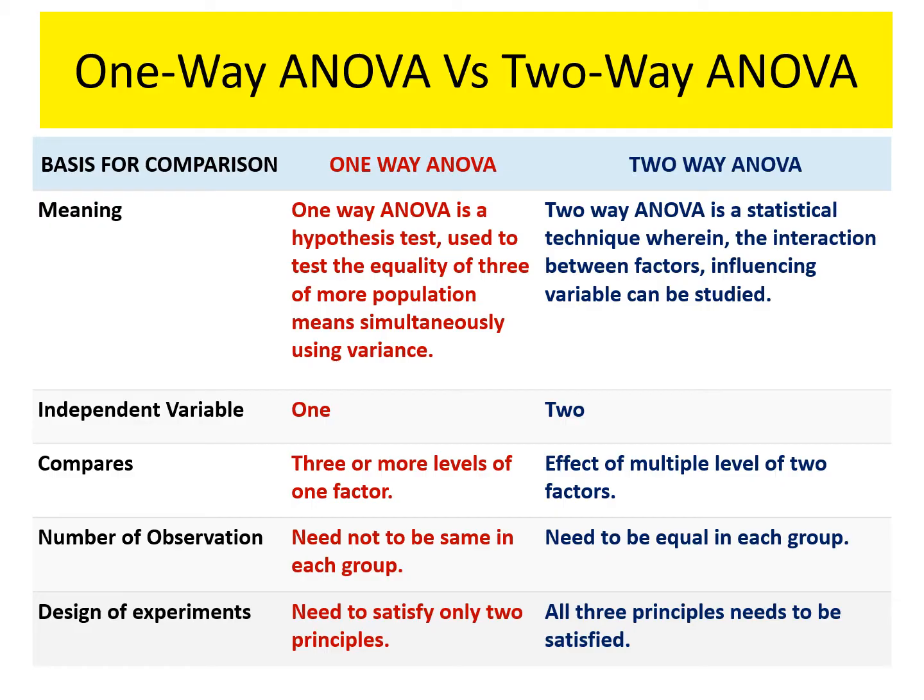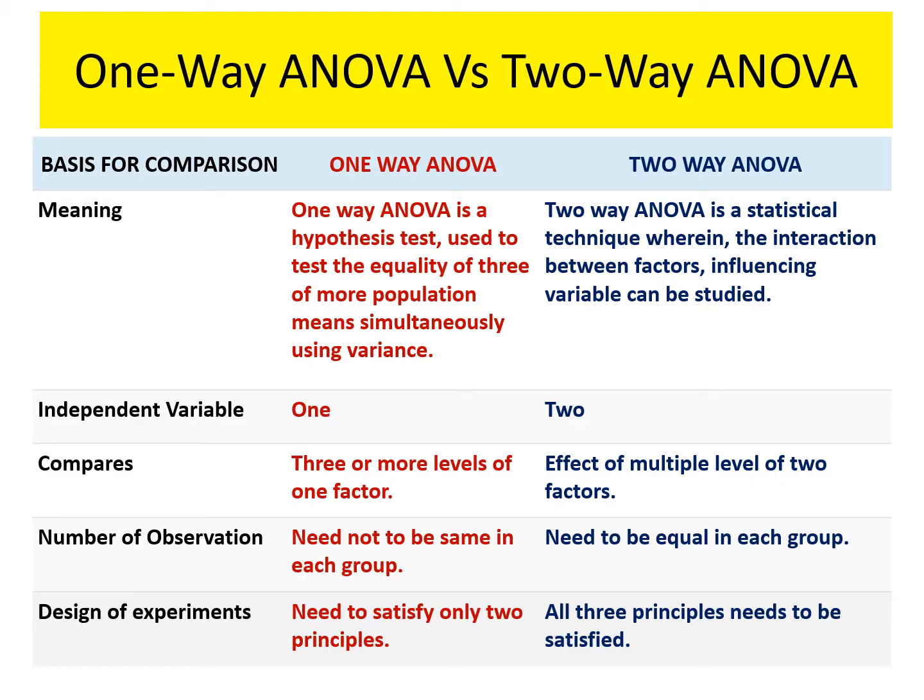So moving on, for independent variable, if it's one-way, there will only be one independent variable for one-way ANOVA. But if you have two independent variables, so it's two factors anyway, therefore you will make use of the two-way ANOVA.